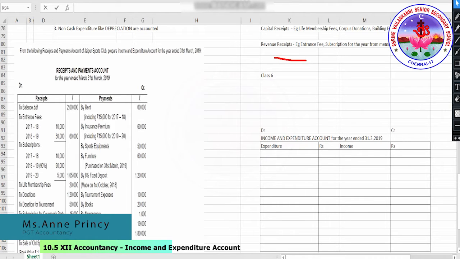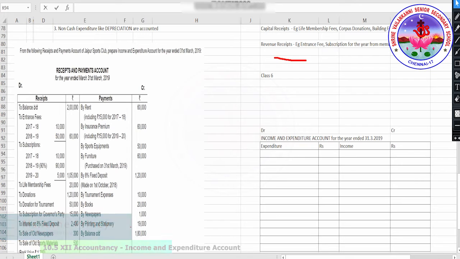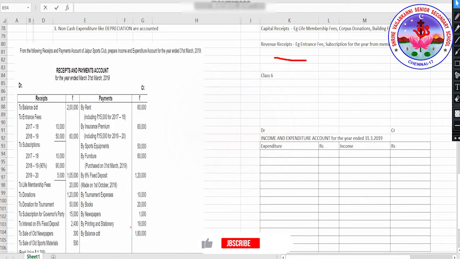As I told you, we are going to prepare the income and expenditure account. I just prepared the format: debit all expenses and losses, credit all incomes and gains. We have the expenditure, which are rent, insurance premium; all the revenue expenditure should come here.